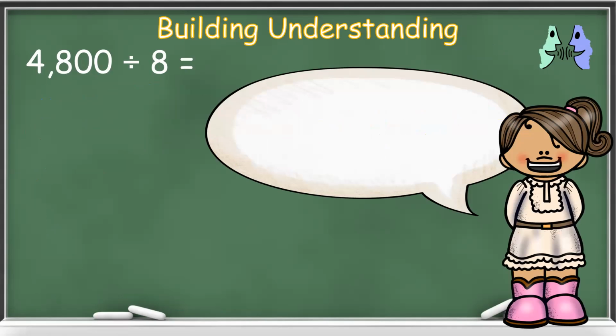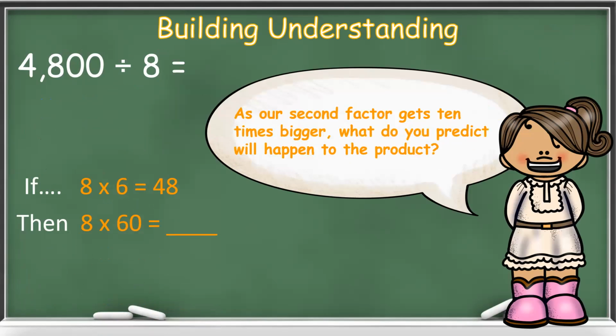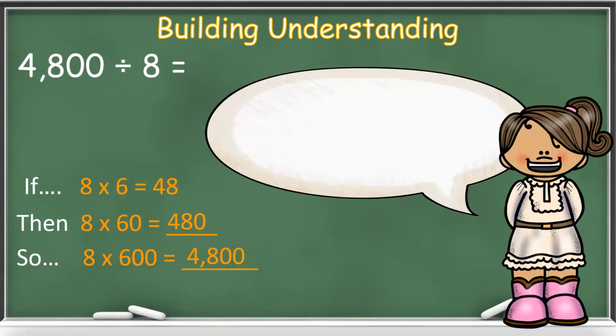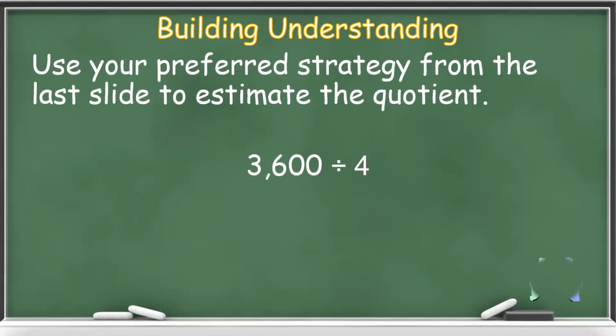And that's going through the facts. 8 times 6 is 48. 8 times 60 should be 480 because there's 1 zero. And then 8 times 600 is 4,800.